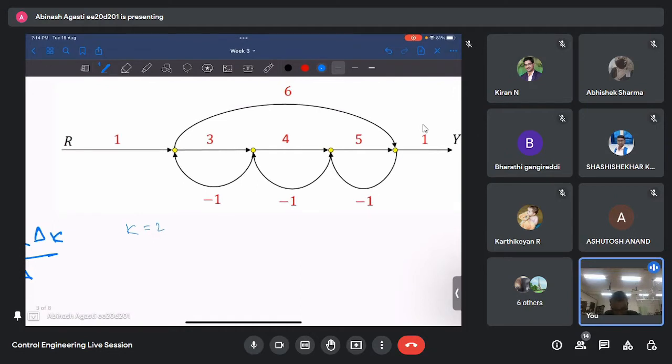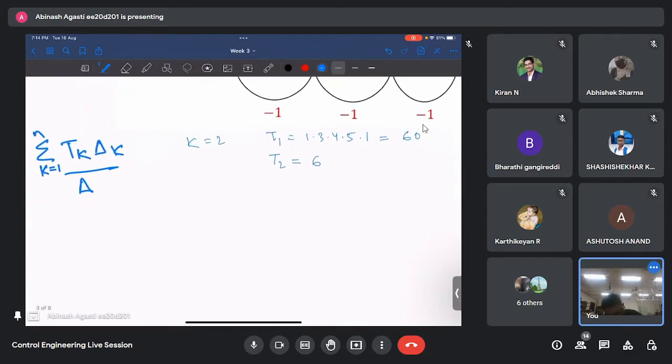Now next is we need to find this Tk. So for T1, as you guys told me, 1 into 3 into 4 into 5 into 1, that is 60, and T2, which is just 6. Okay. So now tell me what delta should be.